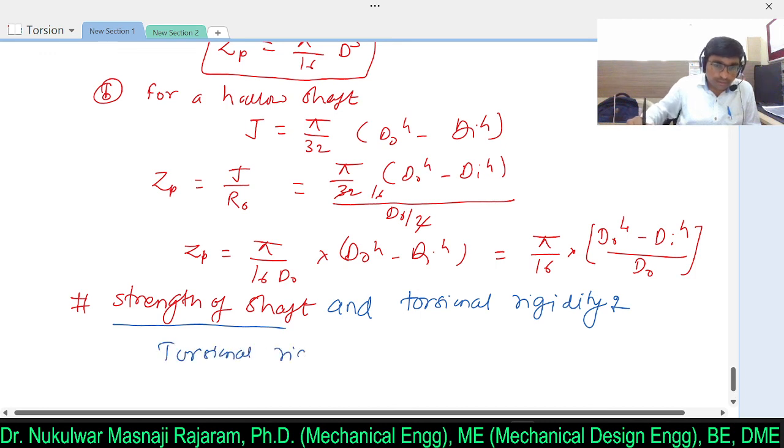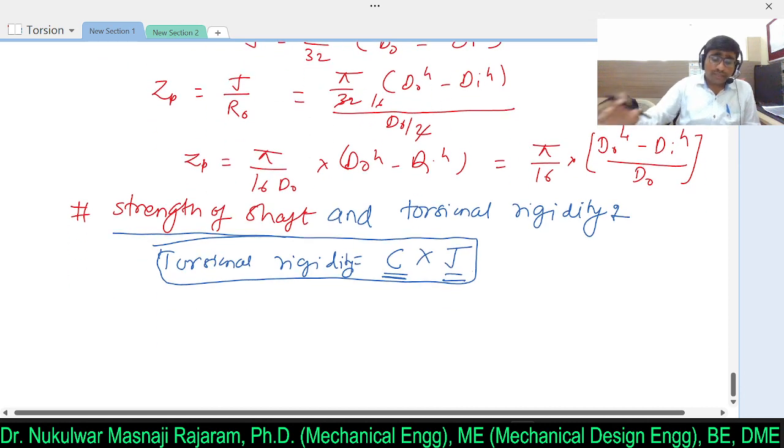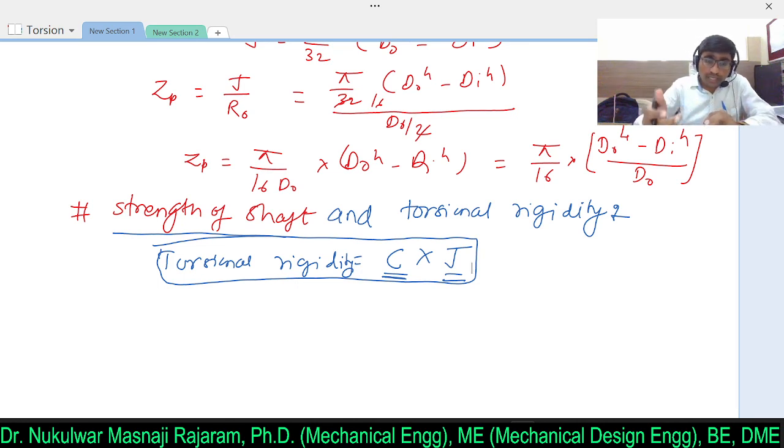Torsional rigidity is the product of the modulus of rigidity and the polar moment of inertia of the shaft, that is G or C into J. This torsional rigidity is also defined as the torque required to produce a twist of one radian per unit length of the shaft.